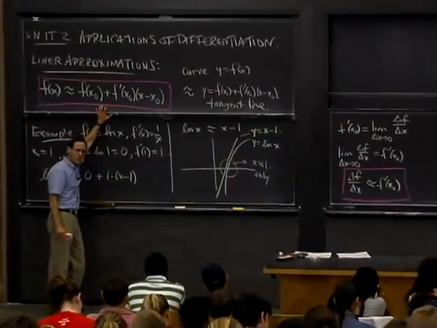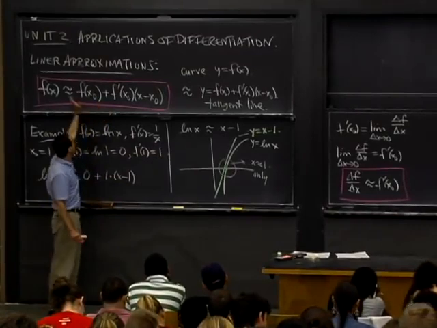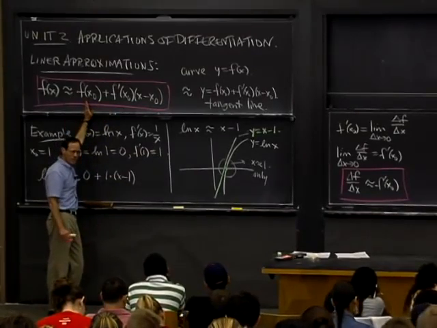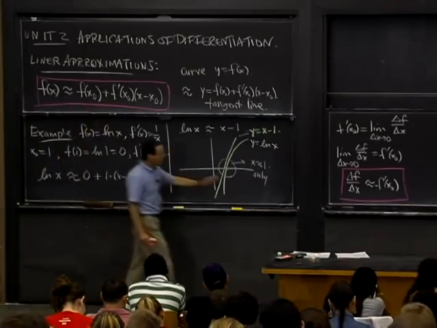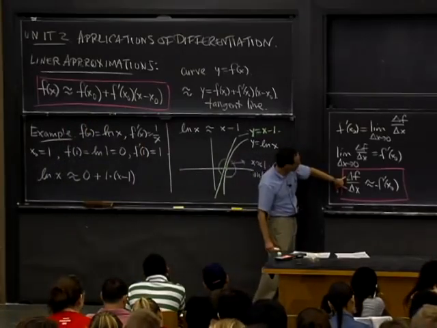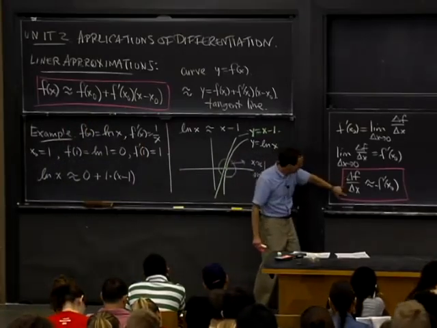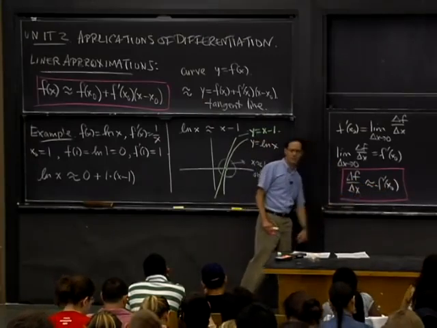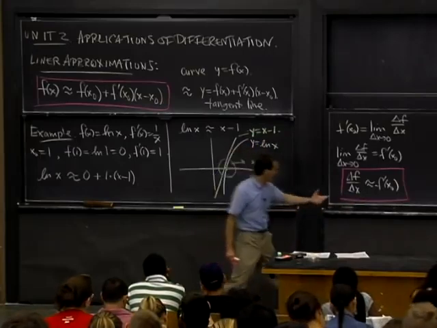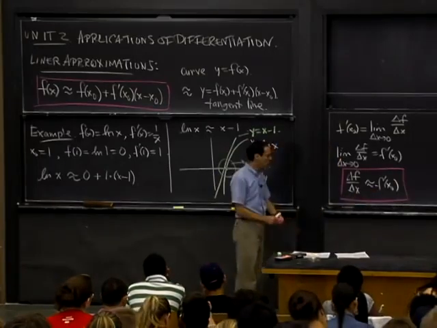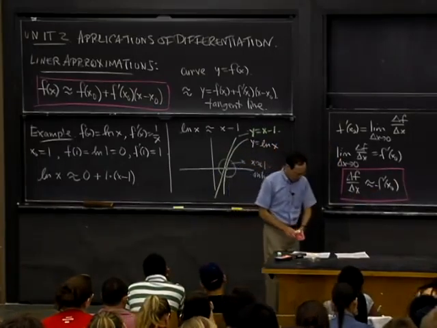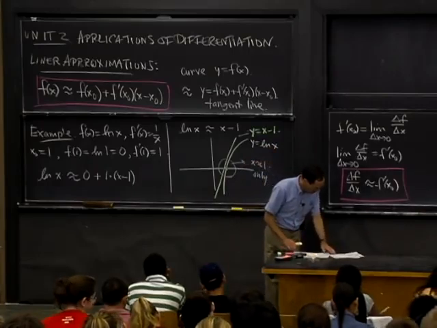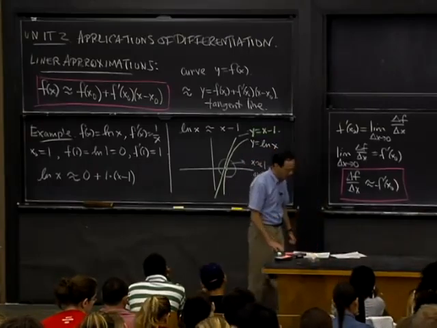So this approximation formula is the same as this one. This is an average rate of change, and this is an infinitesimal rate of change, and they're nearly the same. That's the claim. So you'll have various exercises in which this approximation is the useful one to use, and as I said, I'll be illustrating this a little bit today.